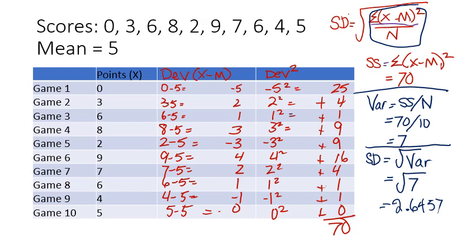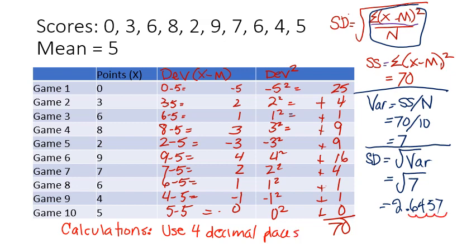And with that said, you might be wondering, how many decimal points do you need to use? So let's give a little rule of thumb for decimal points. When calculating, use at least 4 decimal places. So 1, 2, 3, 4, that's what we'd use.